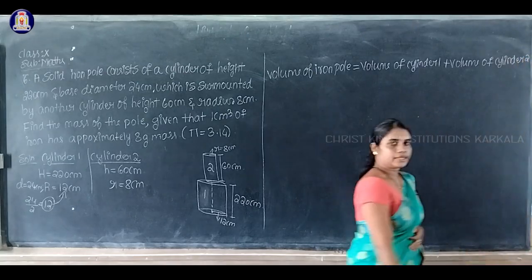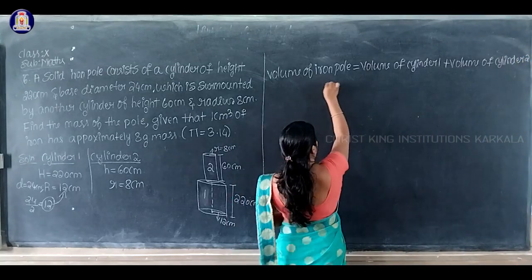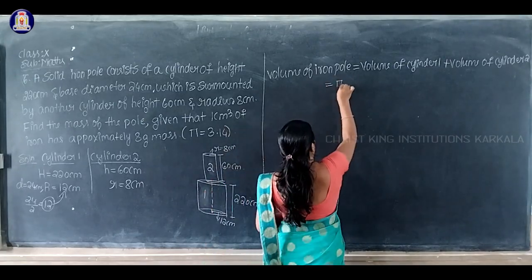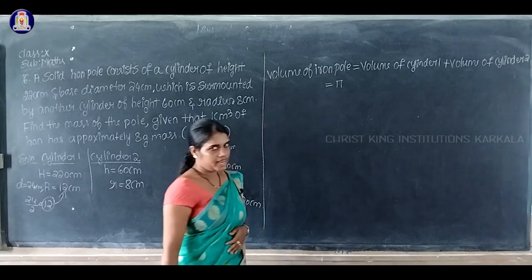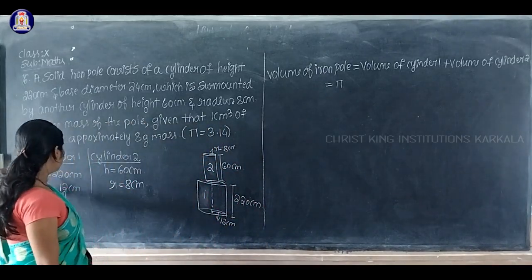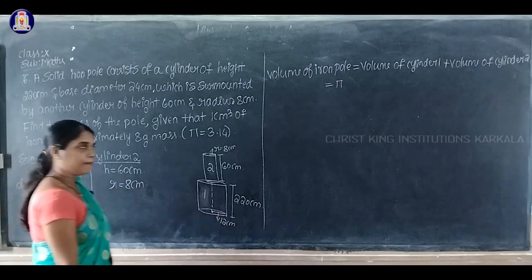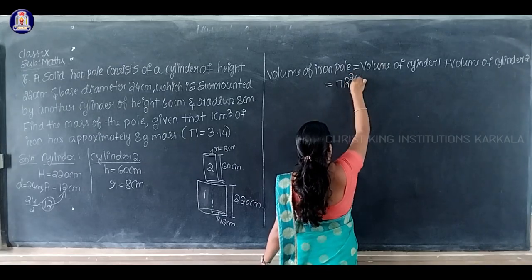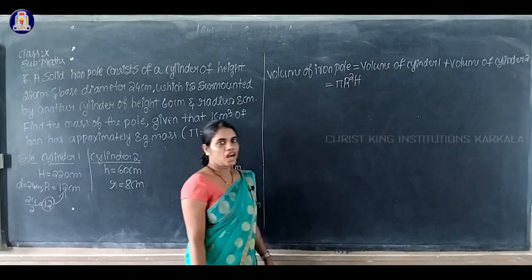Yes. What is the formula for the volume of a cylinder? Volume of a cylinder is given by pi r square h. For cylinder 1, radius is capital R and height is capital H, so I'll use pi R square H.